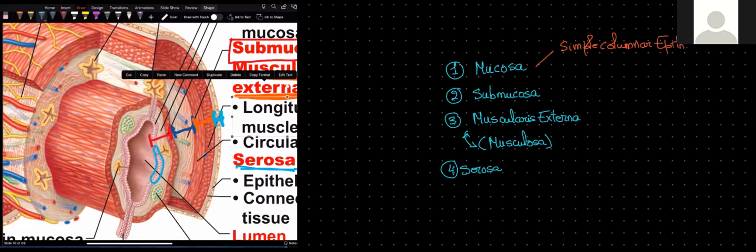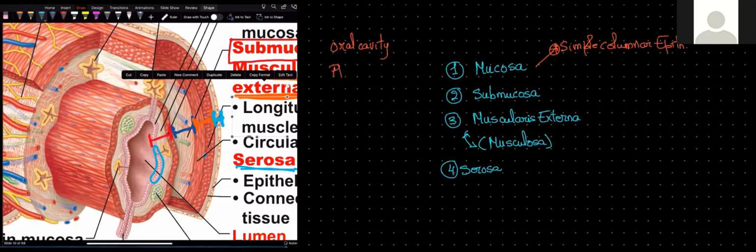This is the type of epithelium that I have in my mucosa in most of the gastrointestinal tract tube.